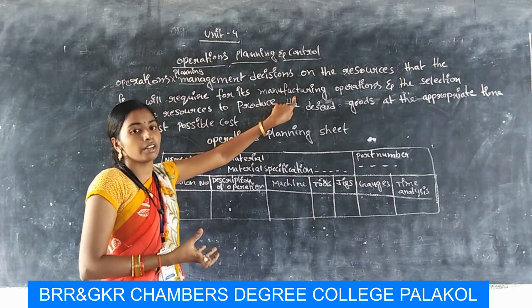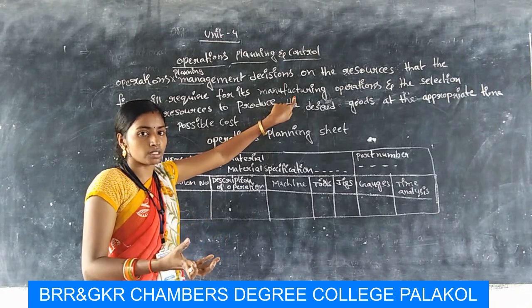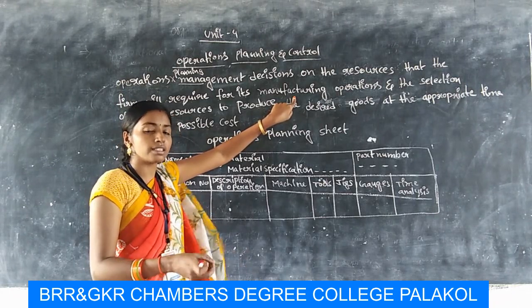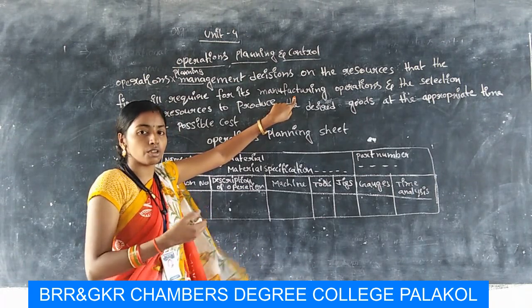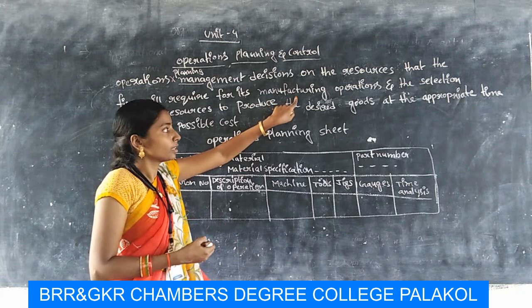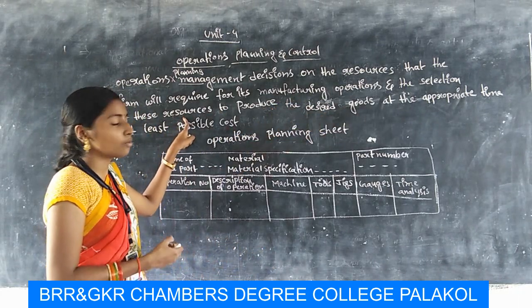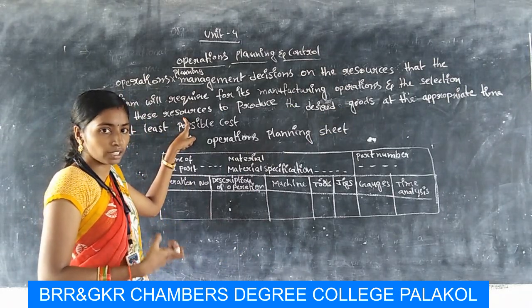What happens in manufacturing operations? The inputs are transformed into outputs, or the inputs of raw materials are transformed into finished or semi-finished goods. So we have to estimate the resources which we want in our organization, and the selection of these resources. Then what do we have to do? We first identify the resources for the organization.